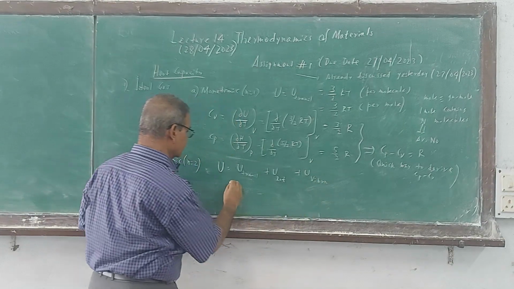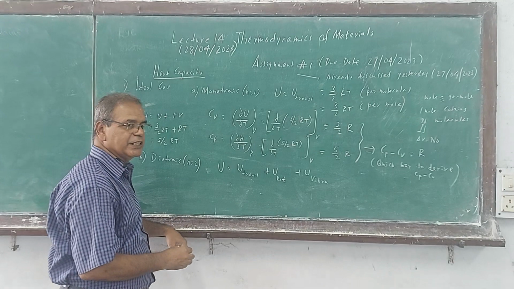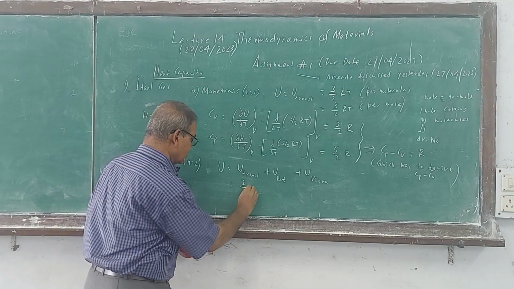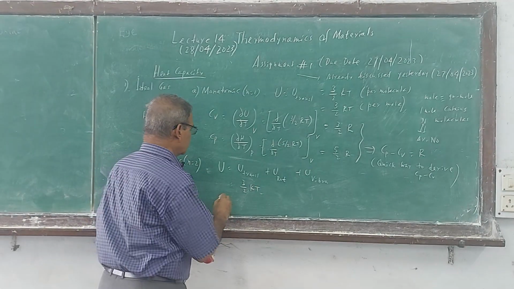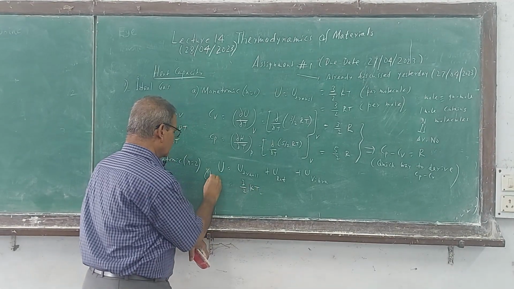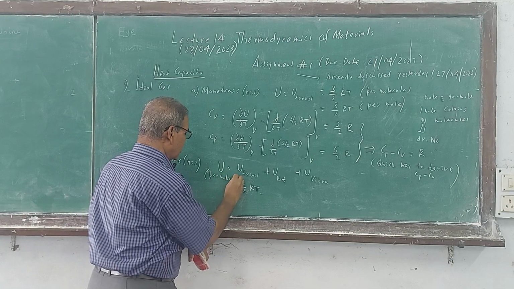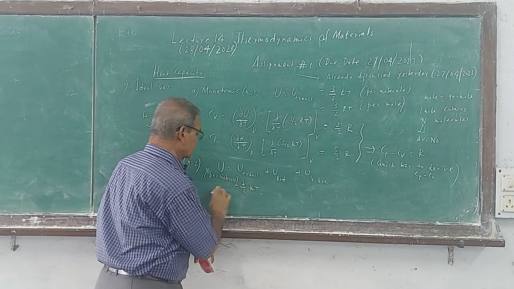What is translation? 6 is 3, 2, 1: 3 translation. Again I am writing per molecule, 3 by 2 kT.